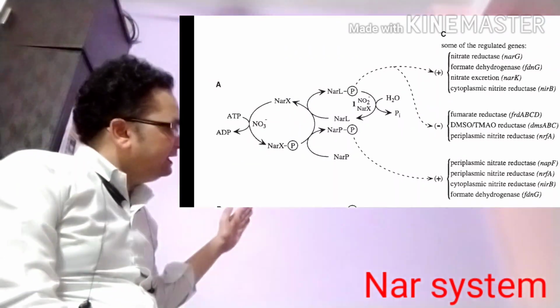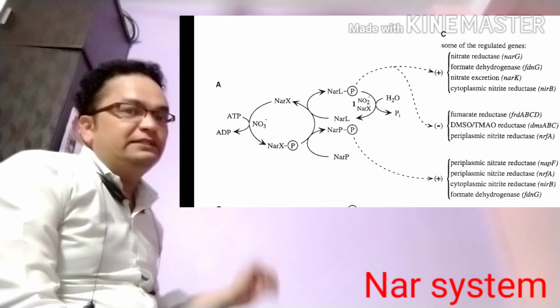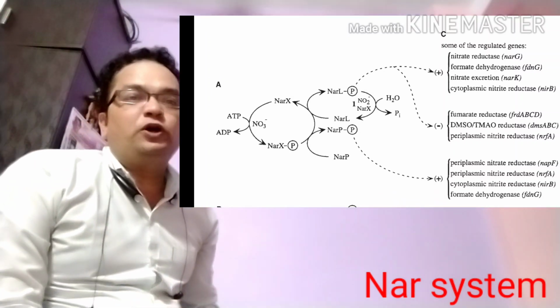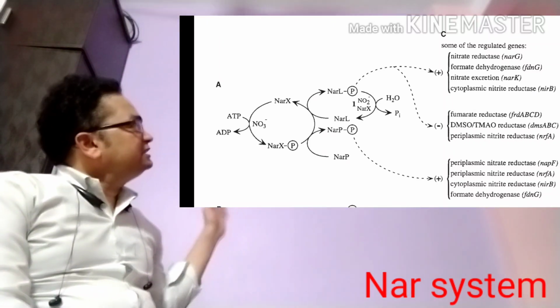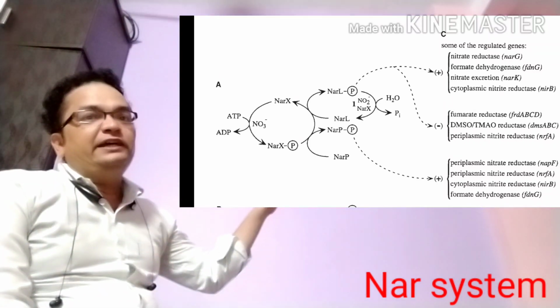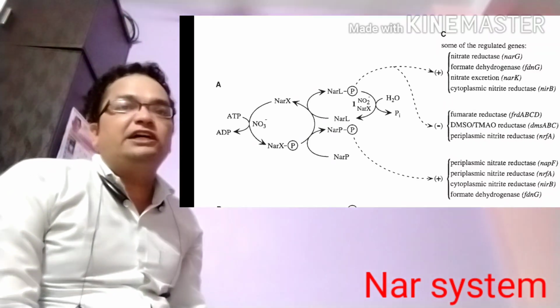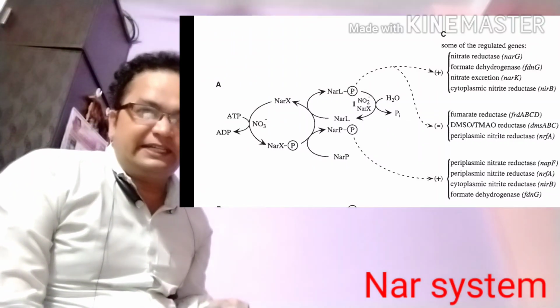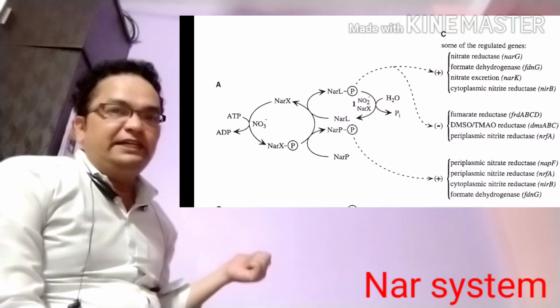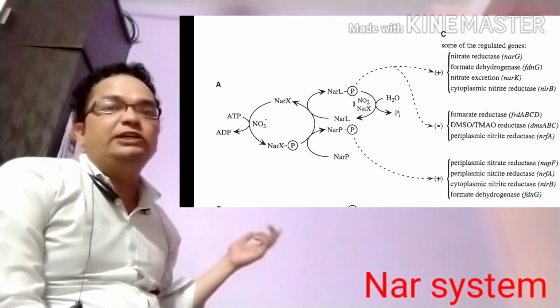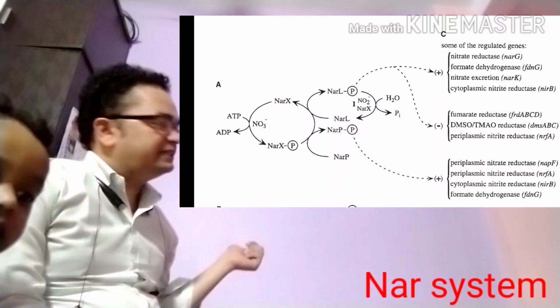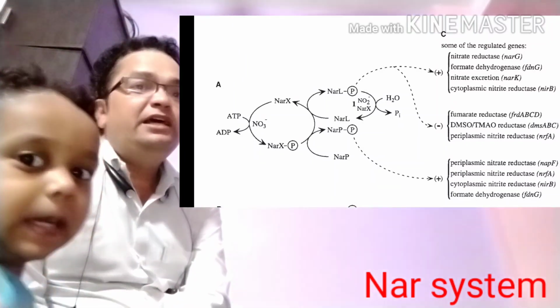So NAR-L and NAR-P are two response regulators. When NAR-L is phosphorylated, it acts as the activator for nitrate reductase, formate dehydrogenase, nitrate excretion and cytoplasmic nitrate reductase.